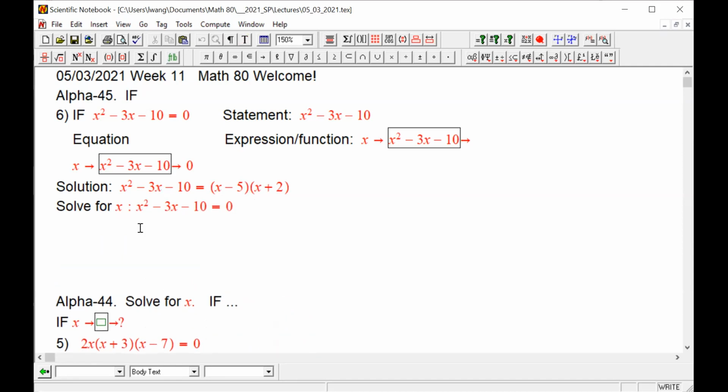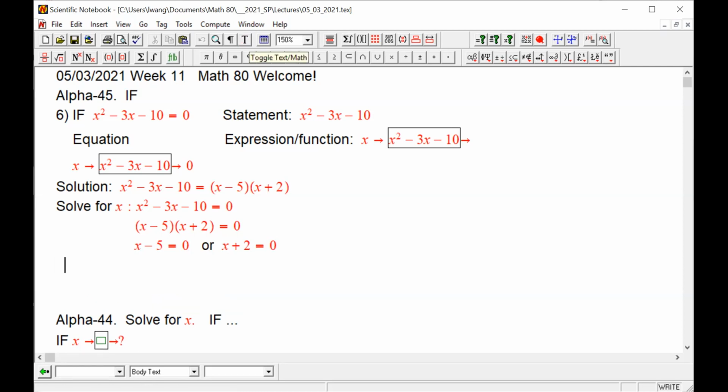Remember, this is an if statement, so if this is true, then the product is 0. Then we just use principle number 5. So x minus 5 is 0, or x plus 2 equals 0. In the end, we get x equals 5 or x equals negative 2.